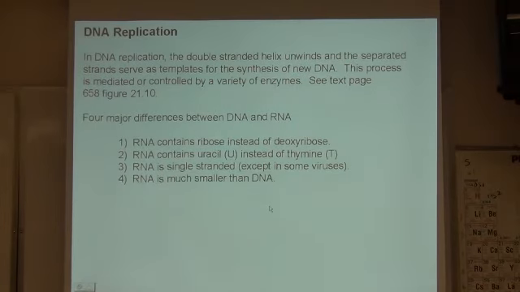RNA contains U instead of T, contains uracil instead of thymine. RNA is single-stranded and therefore much smaller than DNA. Some viruses are exceptions. And of course, right along with that single-stranded, RNA is much, much smaller than DNA. These are the major differences.